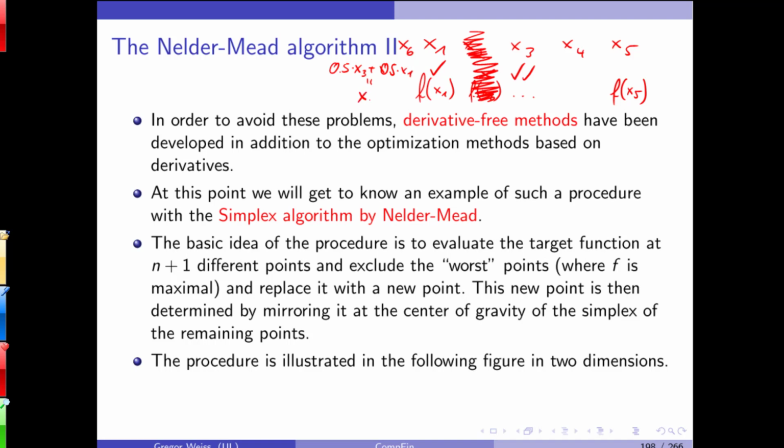This gives you x6, and then it's an iterative method. You repeat the whole process. You insert the new point in the set of solutions. Now, which point is the best? Which point is the worst? Eliminate the worst one, insert a new solution, and repeat and repeat and repeat until something happens.